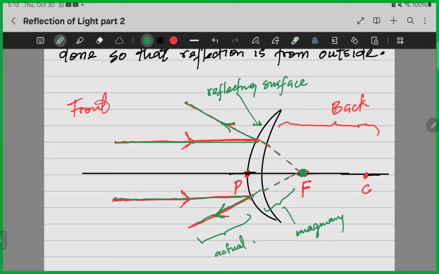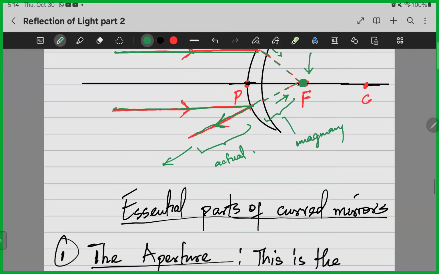So if we consider the actual rays bouncing this way, and this one coming this way, and you trace them backwards, you will discover that this focus here appears as if from this point, they are spreading out.